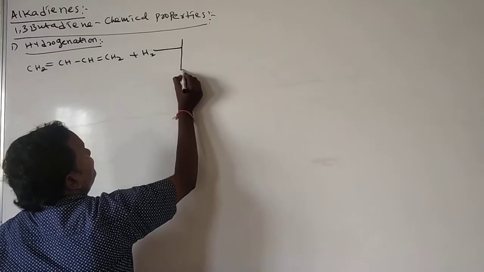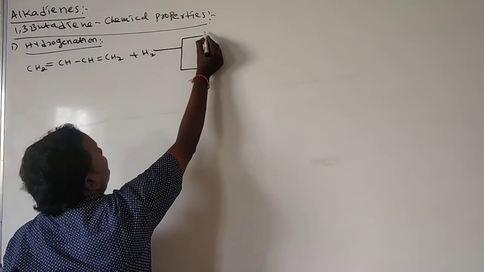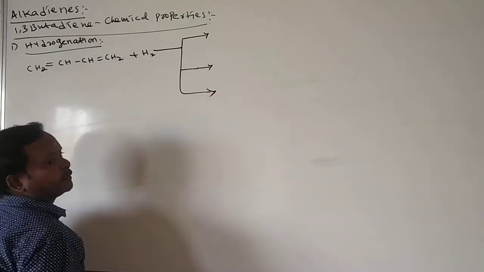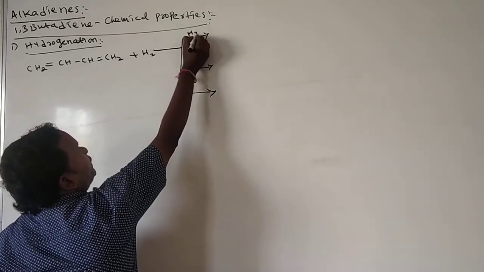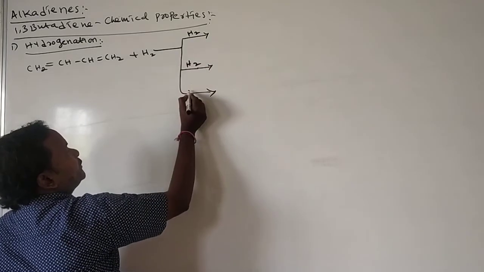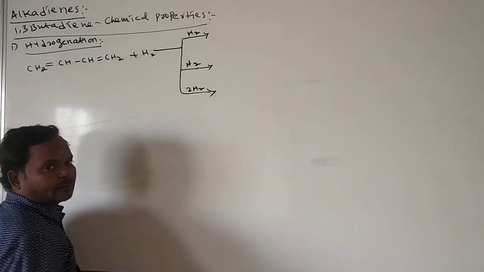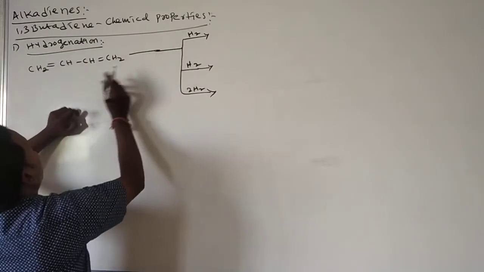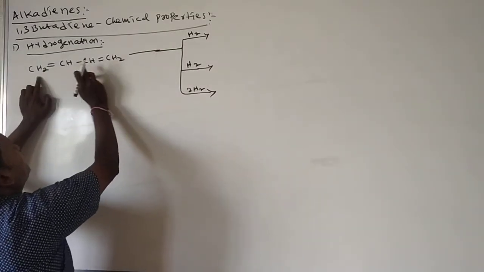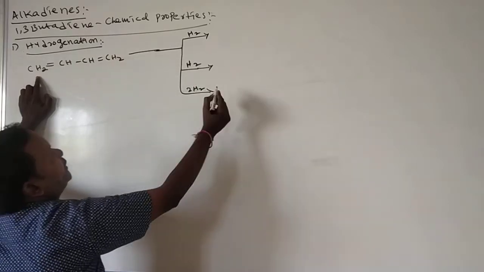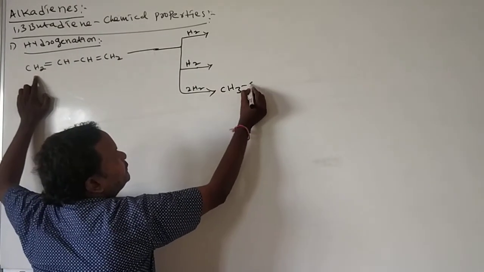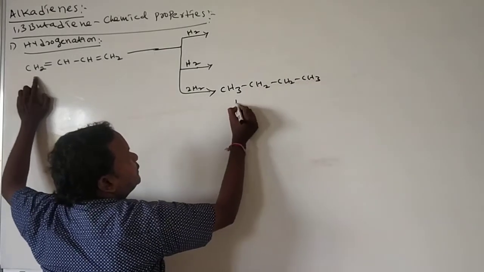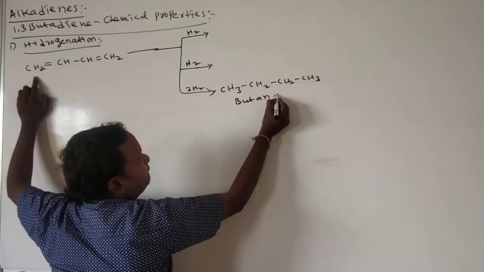Here we will get three types of compounds: 1 mole hydrogen consumed, 2 moles hydrogen consumed. If 2 moles of hydrogen are consumed, one hydrogen is added here, one here, one here, one here. Finally, we get CH3-CH2-CH2-CH3. We get butane.